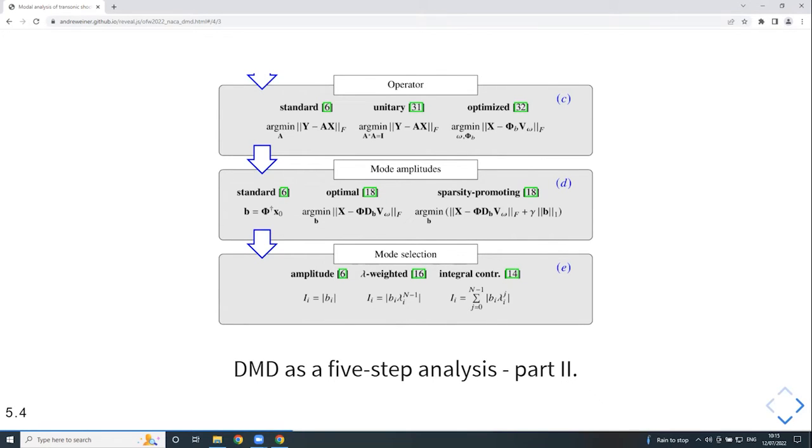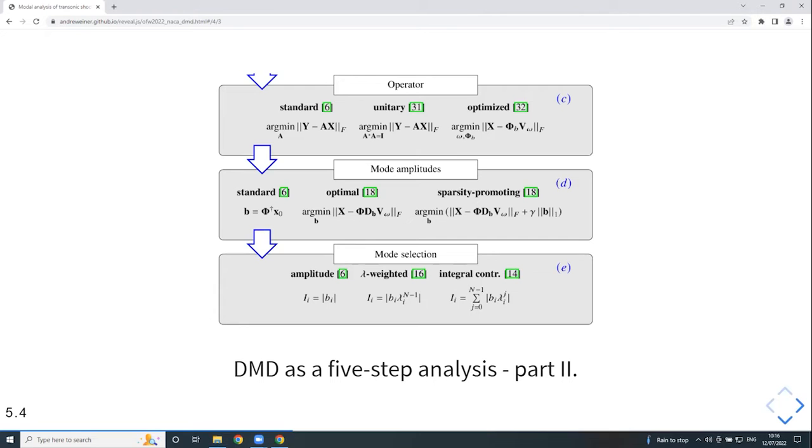There's also another way to optimize the coefficient vector B, an additional step after computing the operator, which is commonly called optimal DMD. Then there is another extension of this idea by introducing an L1 norm term in the optimization problem to force as many of the B coefficients as possible down to 0, right?